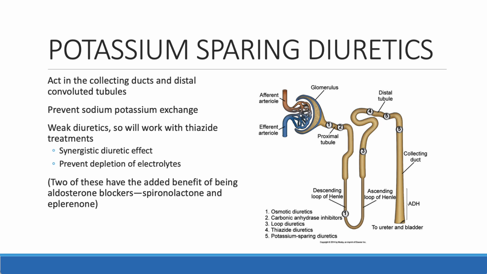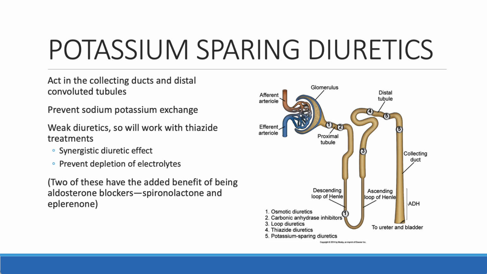So if you have somebody who is on hydrochlorothiazide and their potassium level is 3.2, 3.5, and you want to get better blood pressure control, we can add a potassium-sparing diuretic that will both treat their blood pressure better and make it hold on to more potassium.